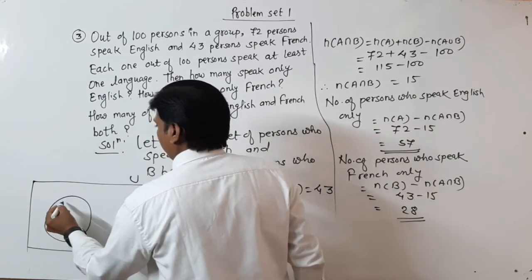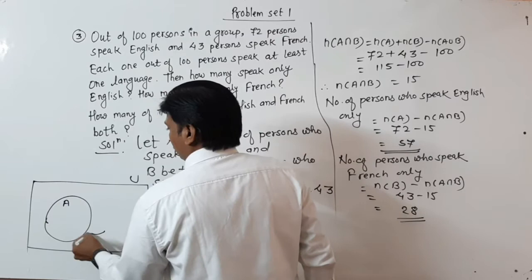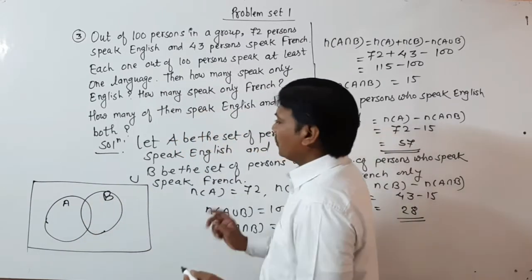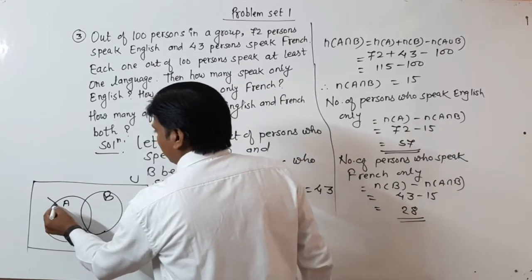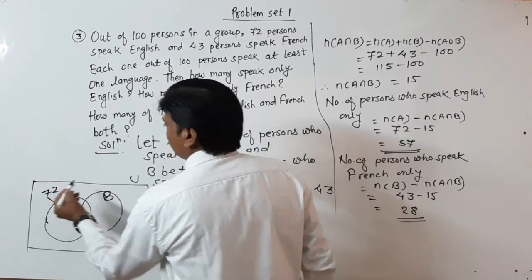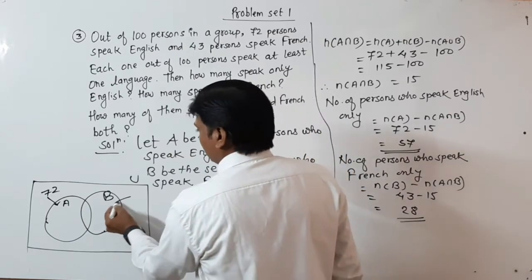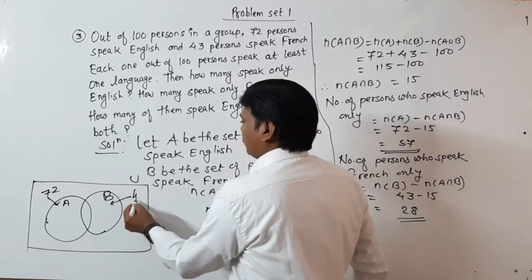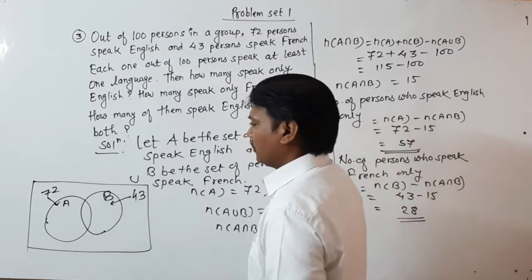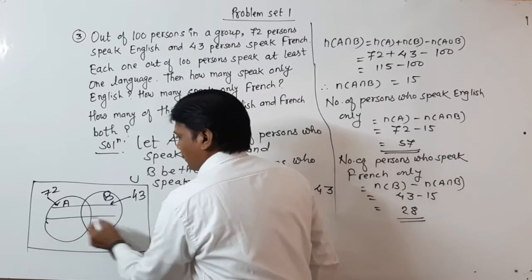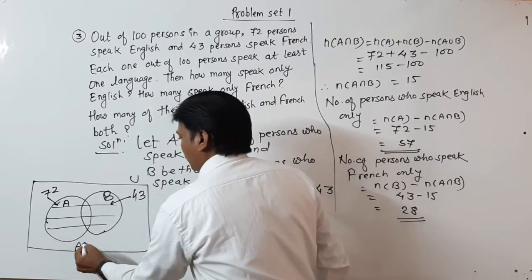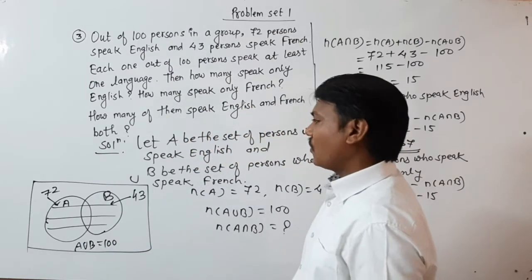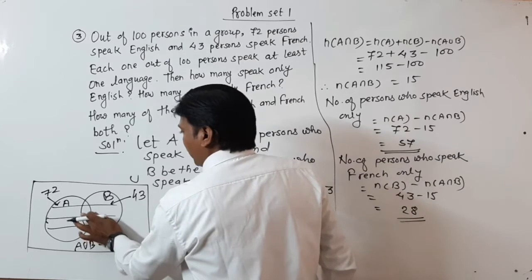This is set A and this is set B. Here the total number of set A is 72, the number of B is 43, and the union A union B is 100. What is this part?